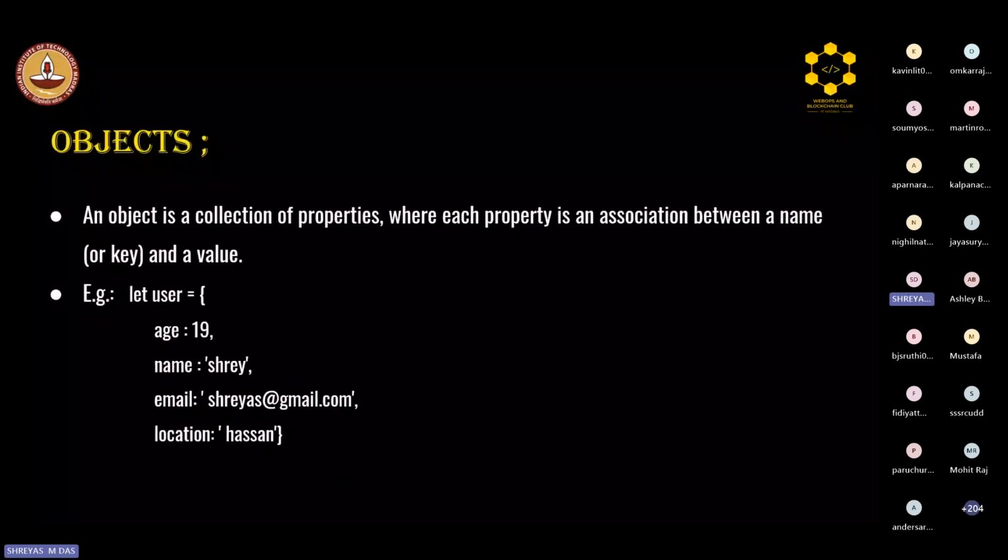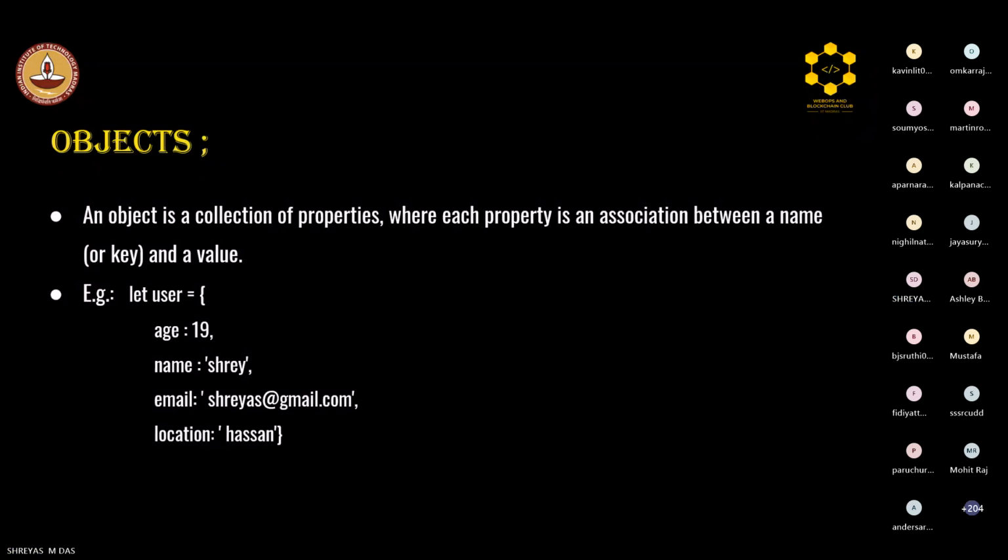So here, an object is a collection of different properties, like a key-value pair. You can see let user is equal to an object, and you can see age, and you should give a colon, and then the corresponding value.